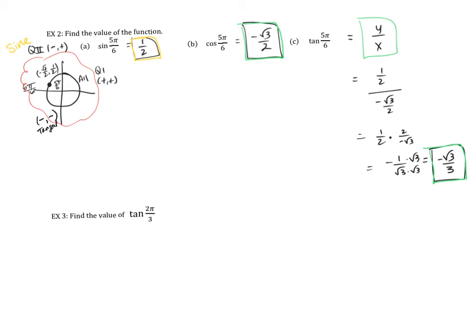And then here in quadrant 4, let's see, that was quadrant 3. In quadrant 4, the x is positive. We have a positive x and a negative y. So cosine would be positive. Anything having to do with x is positive. So cosine.